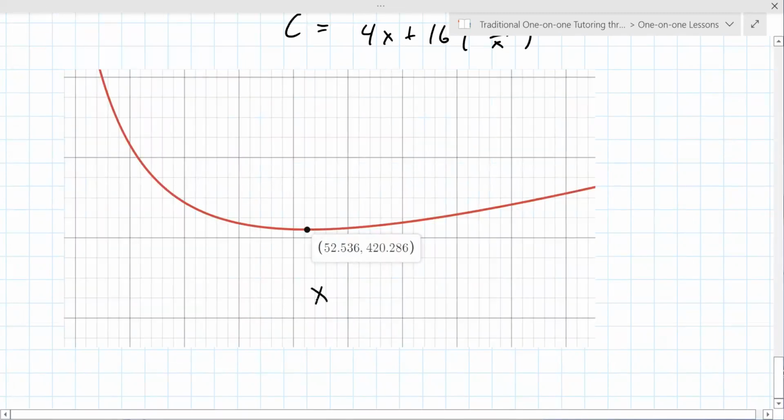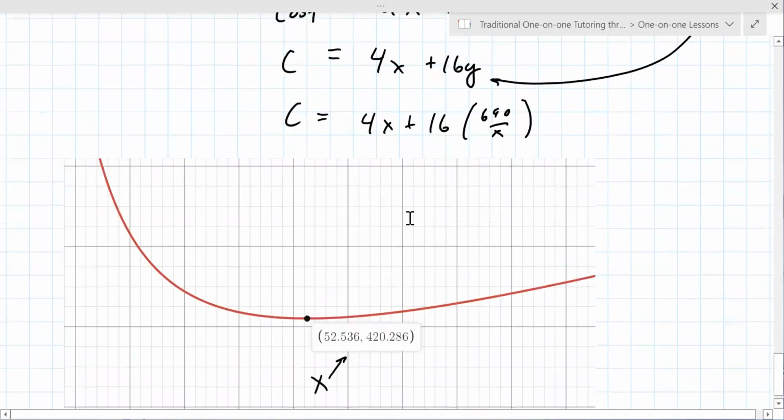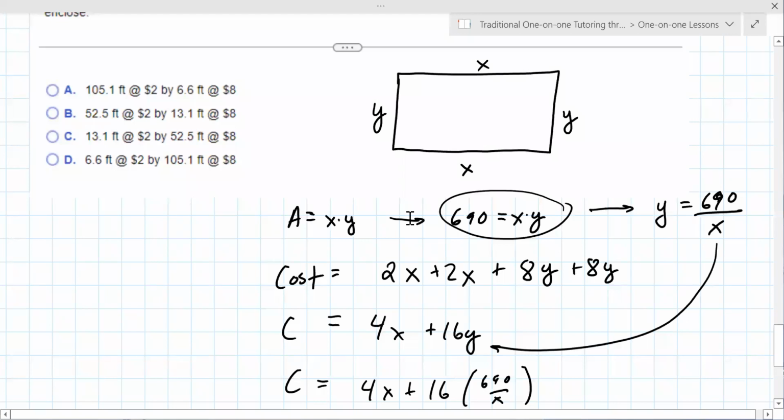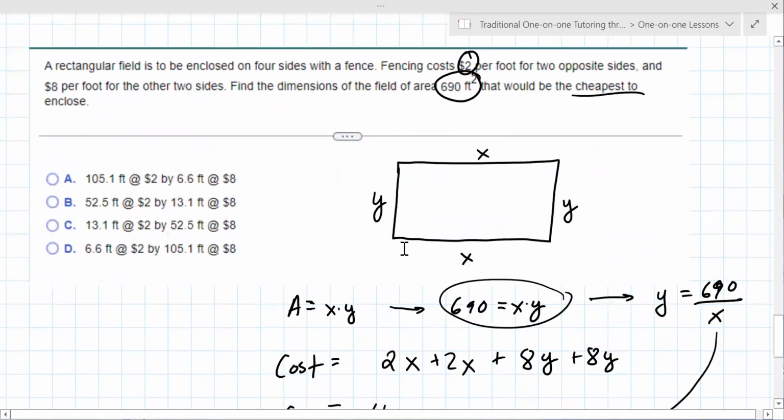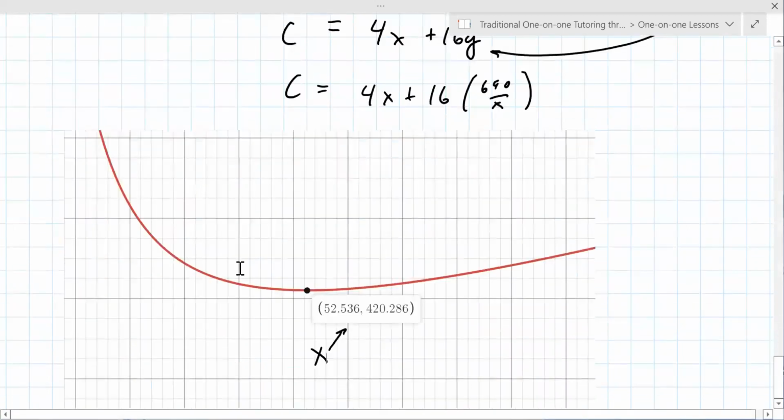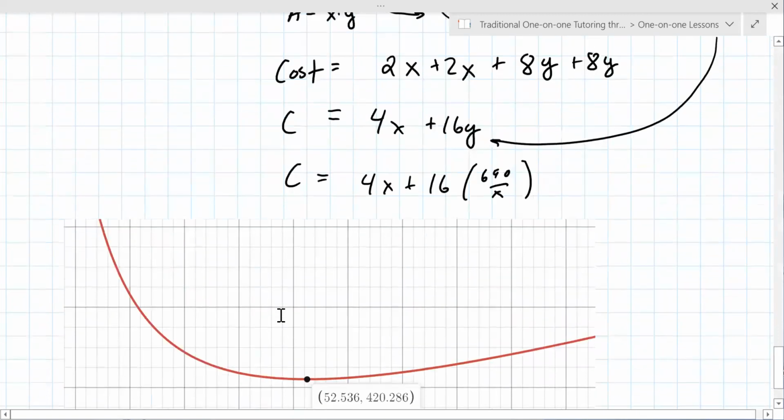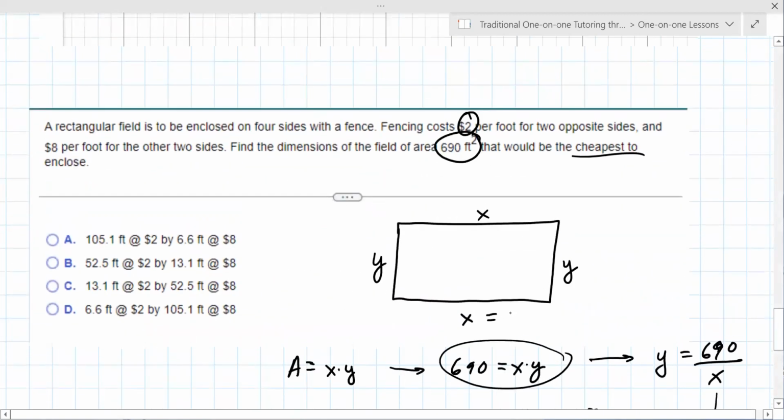This X right here is our X, 52.536 is our X that we've been talking about here. Boy, this doesn't look right. No, I guess it does. Sorry, I didn't see that that's 52.5. So your X is 52.5.